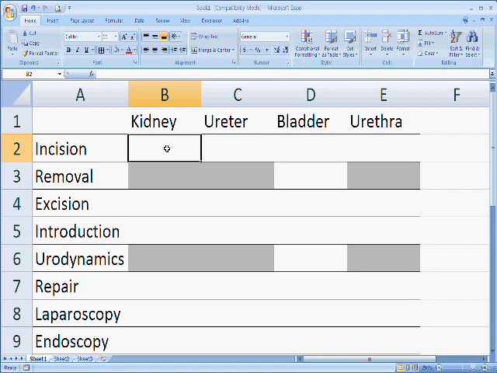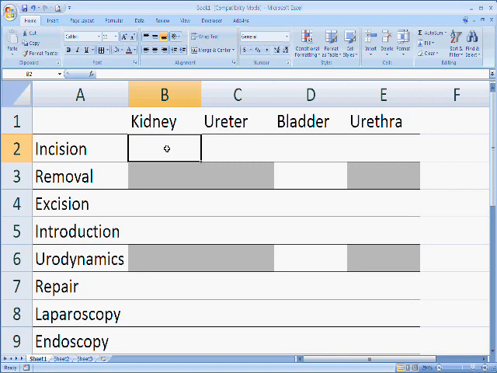As we move to the ureter, the incision codes are another way to drain urine from the body, basically below the kidney in the ureter rather than going straight into the kidney. Then excisions, introductions. Manometric studies are tests to measure kidney and ureter flow and pressure.